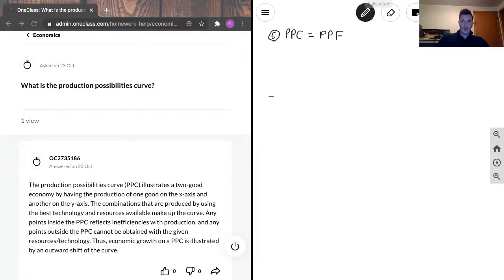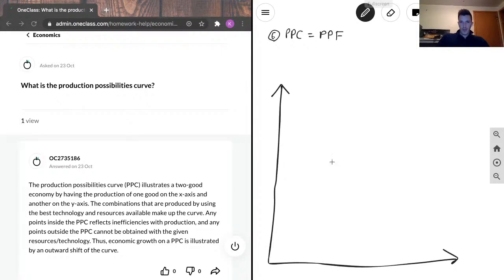And what I'm going to do here is graph a production possibilities frontier for us. Perfectly straight line. Don't want to hear anything else about it. And a two-good economy, so maybe we're producing, I don't know, shoes and shirts.